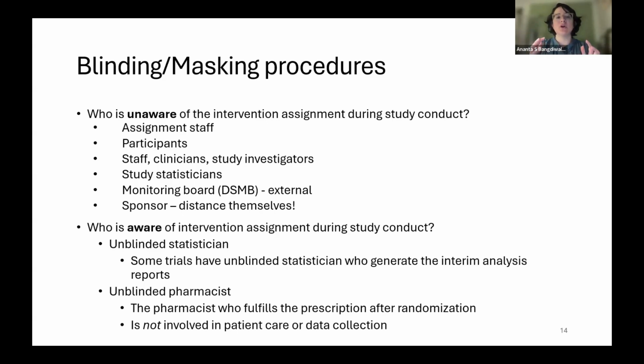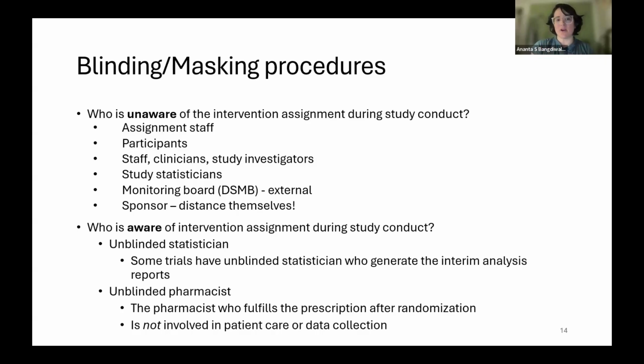Because all these people, whether they mean to have nefarious ideas or not, or even if they want the trial to be done in an unbiased way, if they knew the study assignment for a trial that should be blinded, it could influence how they are behaving during the study.